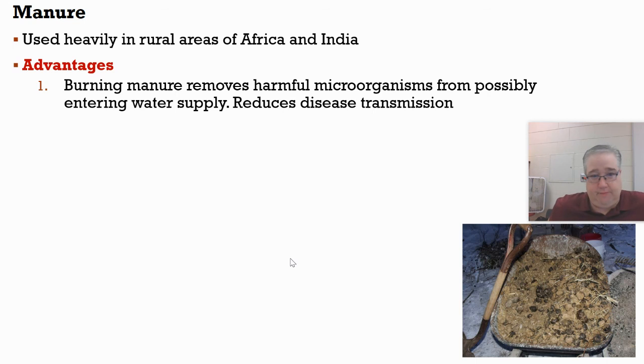One, it removes all the microorganisms from potentially getting into water. In a lot of these areas where they burn manure, sanitary water is a big problem. They have a lot of waterborne illnesses. They have a lot of people get sick because they drink water that's contaminated with animal waste.